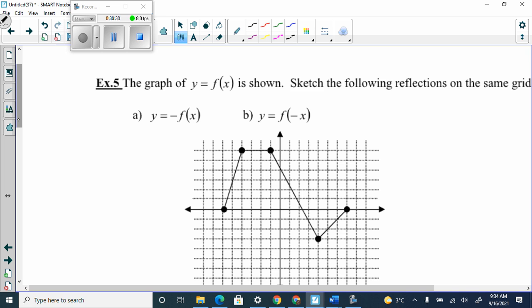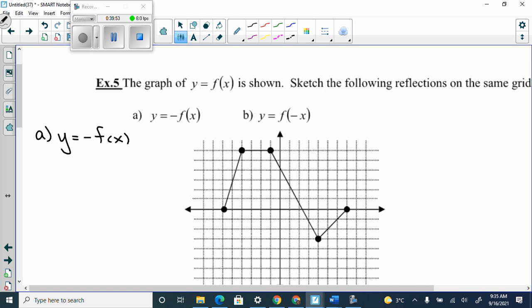Now if I look at A, it has y equals negative f of x. What's the transformation that's happening? State the transformation. It's a reflection in the x-axis, or about the x-axis. Why?